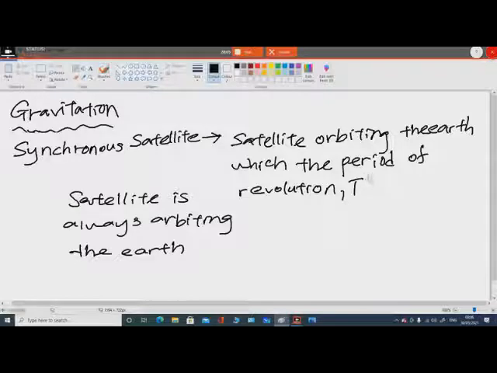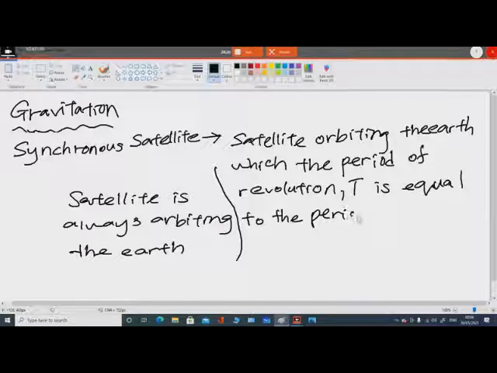So the period of revolution for one complete circle is equal to the period of revolution of the Earth. Alright, this is the meaning of synchronous satellites.